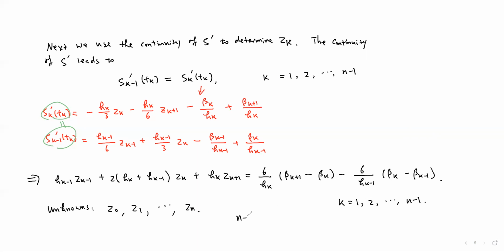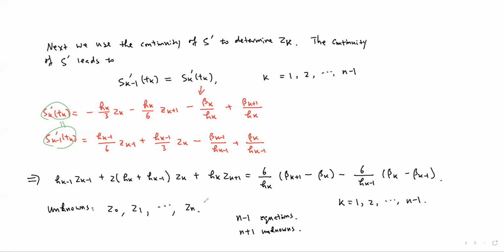So n minus 1 equations, n plus 1 unknowns. We cannot completely determine the unknowns because we have 2 degrees of freedom.